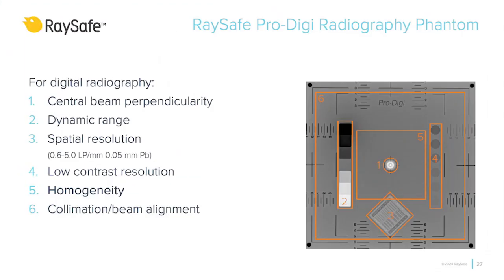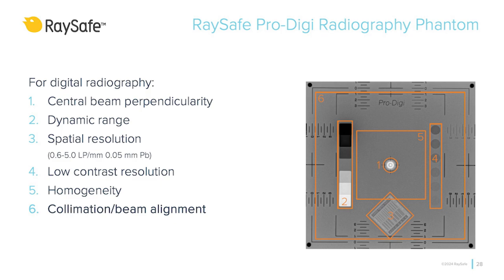Number 5 is homogeneity. In this test, we focus on examining the central area of the phantom image. Why the center, you might ask? Well, it's because this part doesn't have any test objects, making it perfect for measuring the signal to noise ratio. Now, what are we looking for here? Artifacts.